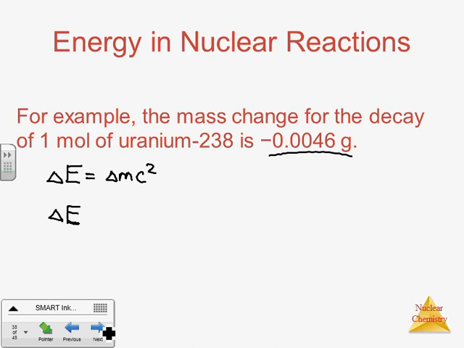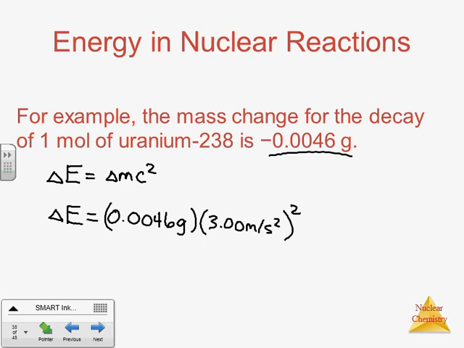But if we plug that into this equation, delta E equals, and I'm just going to use a positive here because this is the amount of mass being lost, 0.0046 grams times the speed of light squared, which is 3.0 times 10 to the 8th meters per second, and then square the whole thing.